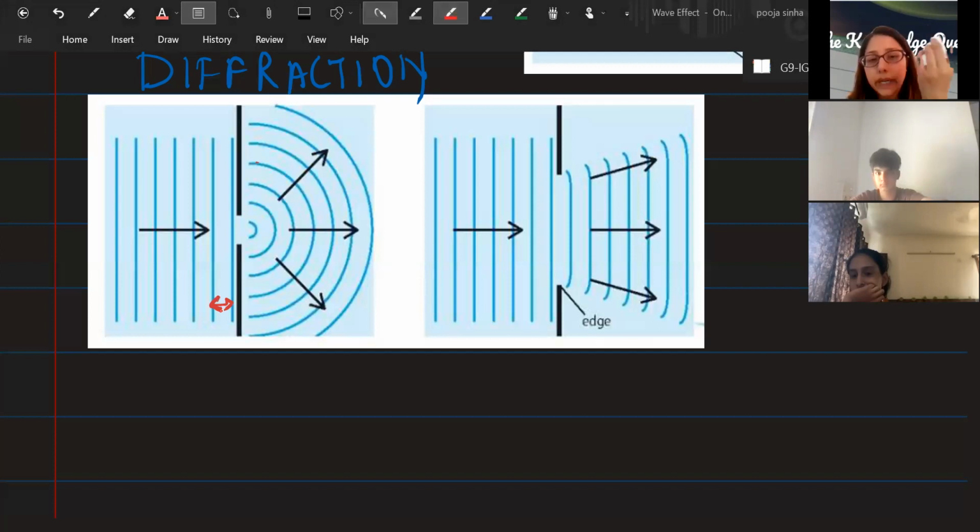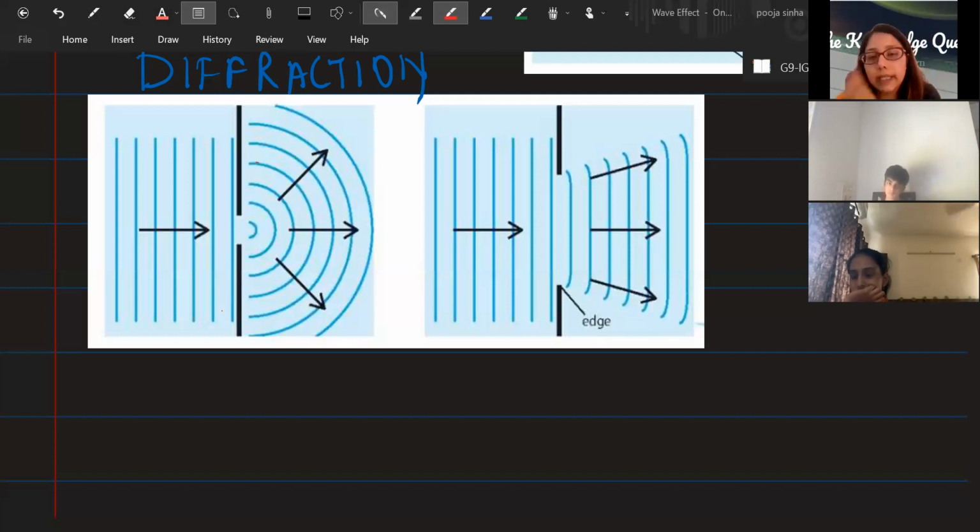This whole phenomenon of bending is called diffraction: the waves bend through a gap. The size of the gap has a big role to play here. If the size of the gap is the same as the wavelength, then the diffraction is significant. The bigger the gap, the less the diffraction. Clear? More the gap, less is the diffraction.